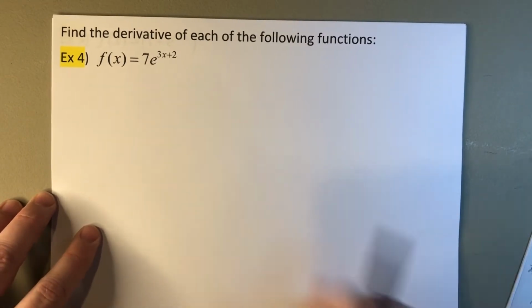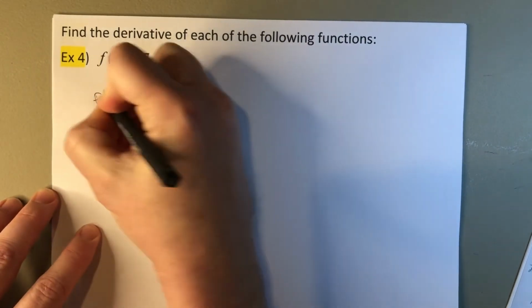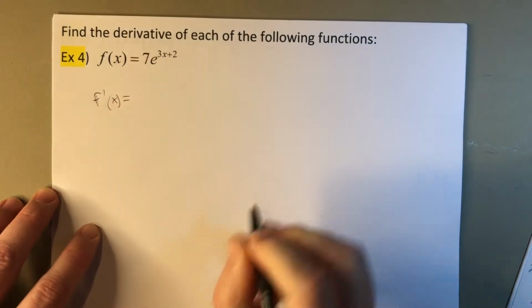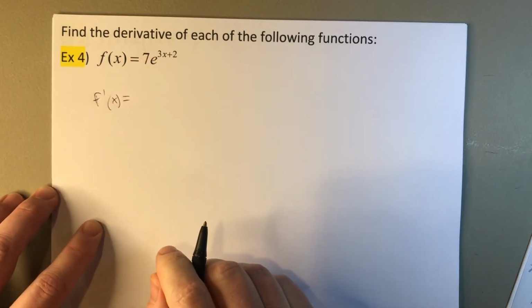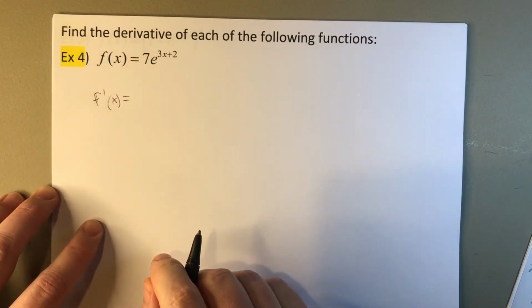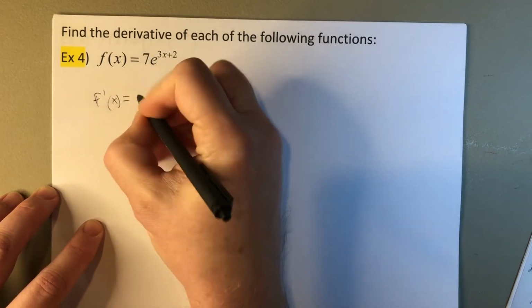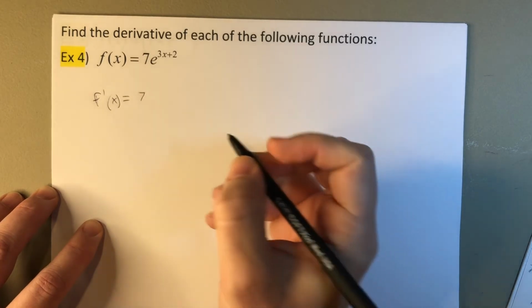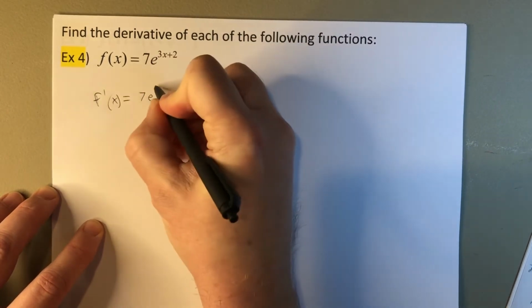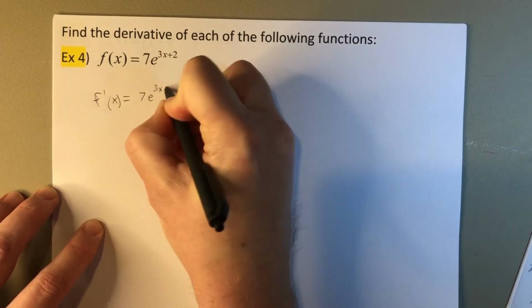All right, so the derivative of this function, f prime of x, is going to be based on the chain rule for exponential functions. So what does that mean again? Well, first of all, the constant multiple rule applies here. That 7 remains, so it's going to be 7 times e to the 3x plus 2.